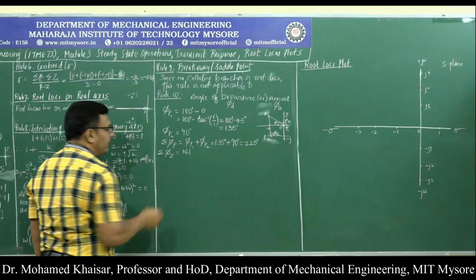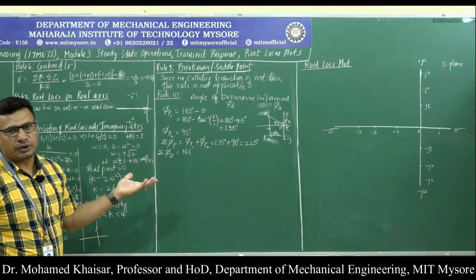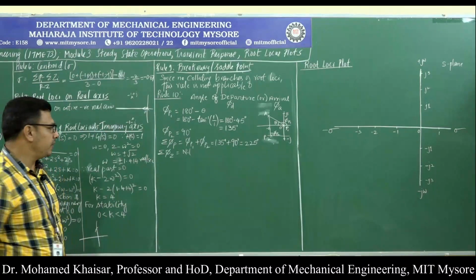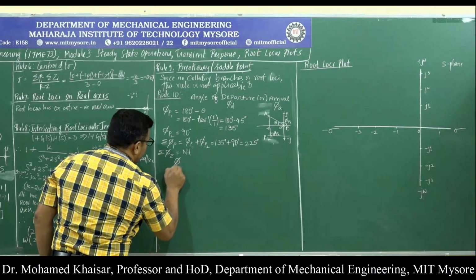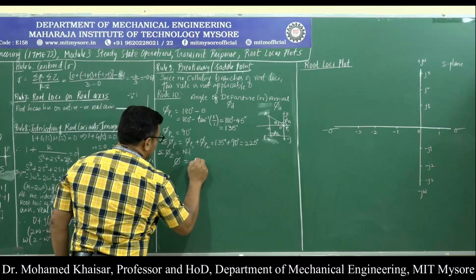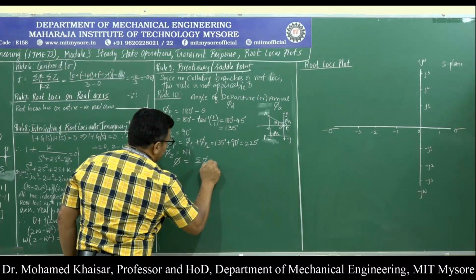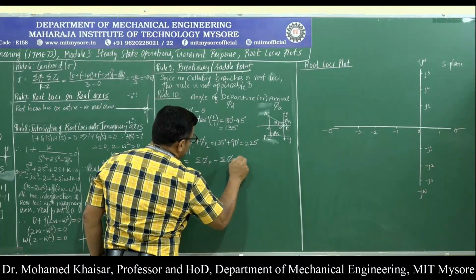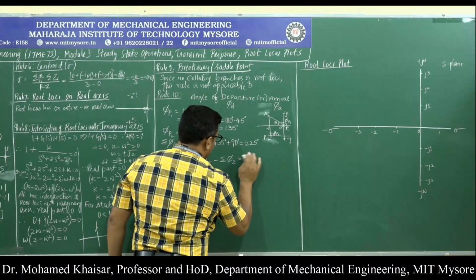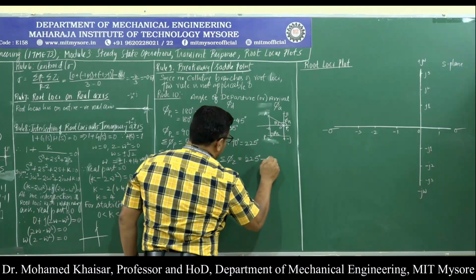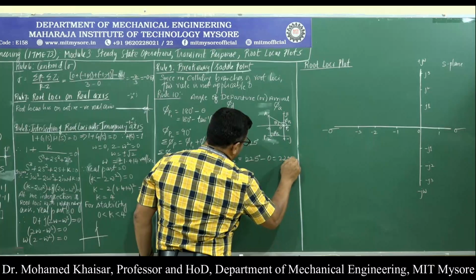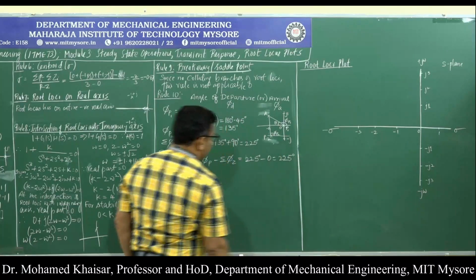So summation phi Z will also be nil, because there are no zeros, obviously phi Z will not exist. Then phi is given by sigma phi P minus sigma phi Z, that is 225 degrees minus 0, that is 225 degrees only.